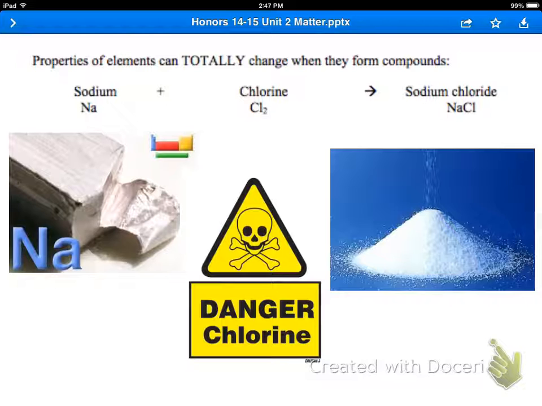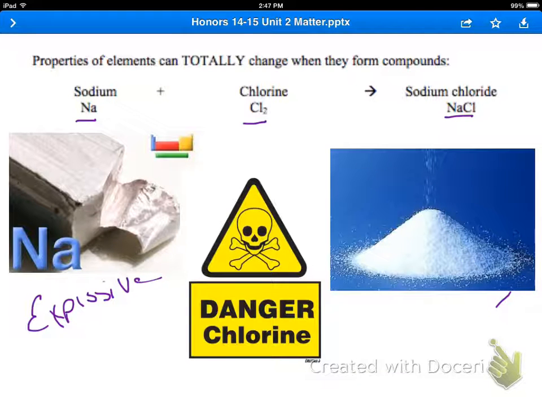Okay, so it's interesting that I can take two elements, and let's say I take sodium, and sodium is a metal that if I put it in water will explode. And chlorine, if we had chlorine in the room, it would be a green gas, and we would all die because it's a very toxic chemical.